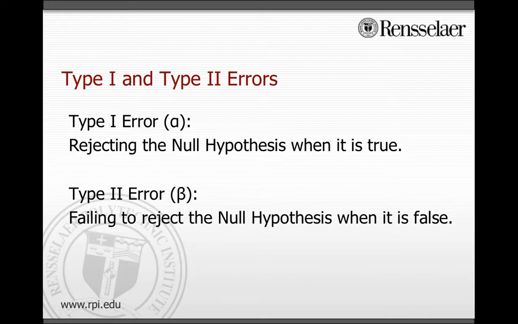It's debated which of these is a more serious error. I would argue that it depends on the context of the problem. Most often, type 2 error is slightly worse than alpha, or type 1 error, excuse me.